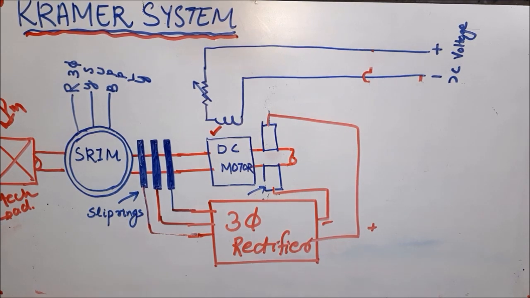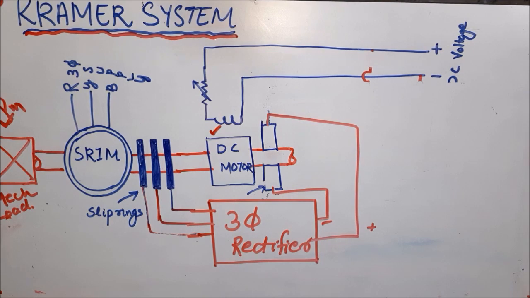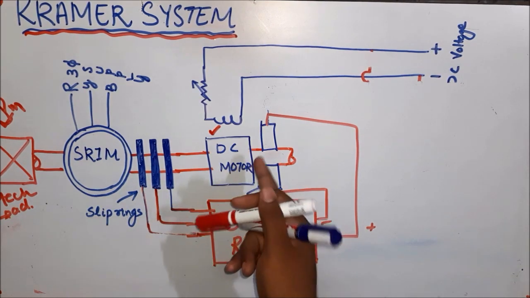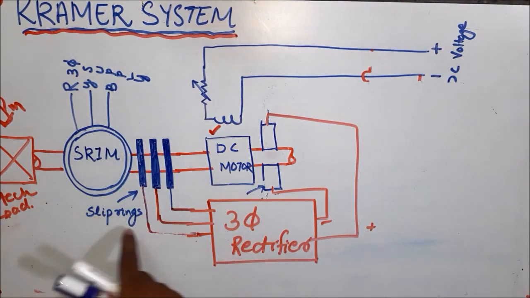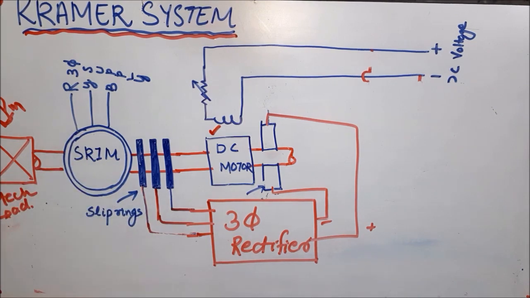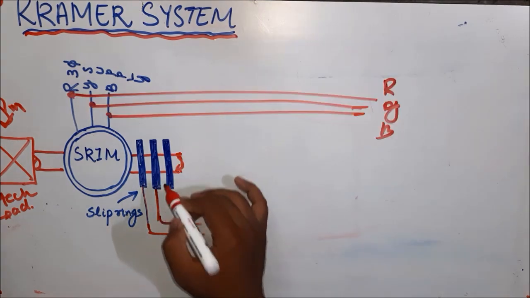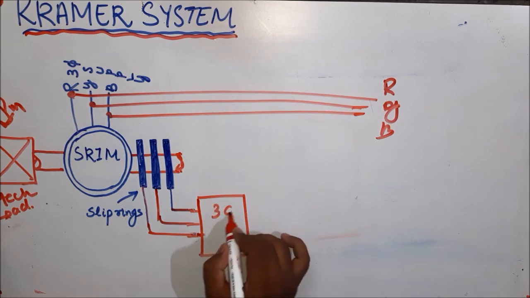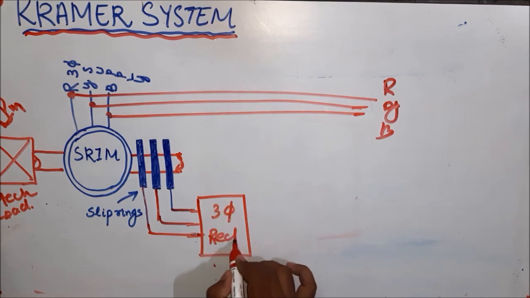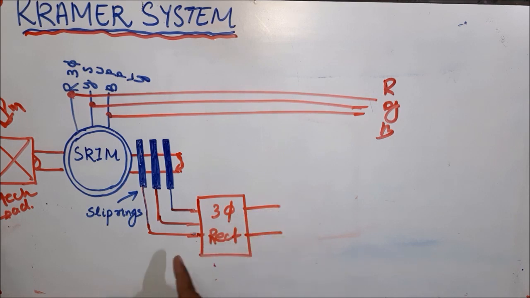After the development of good inverting systems, inverters and solid state devices, instead of using this motor to feed mechanical power, we create three-phase power and supply it back to the main supply from where the slip ring induction motor is getting power. That is called static Cramer system. We take the three-phase slip power and feed it into a three-phase rectifier, which converts three-phase AC into DC.